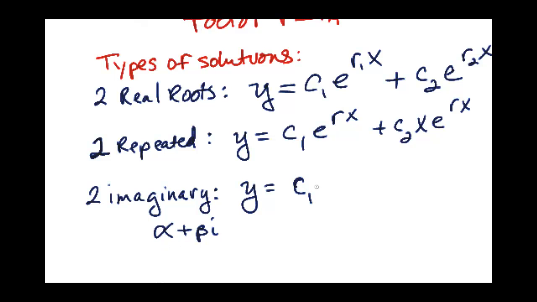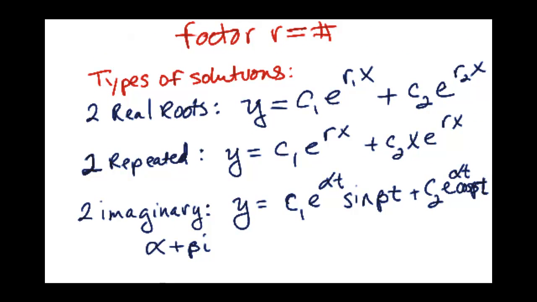It would be c1 e to the alpha t sine beta t, plus c2 e to the alpha t cosine beta t. Squeeze that in there, hopefully. It's kind of crunched in. Let me clarify that just in case you can't see it. That's e to the alpha t, and then cosine beta t.